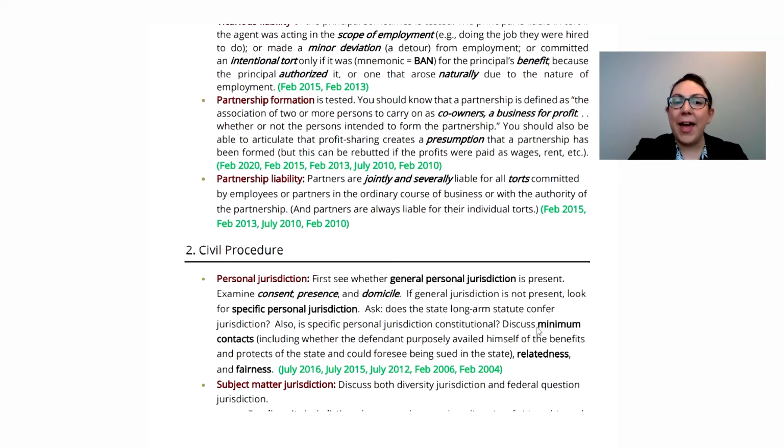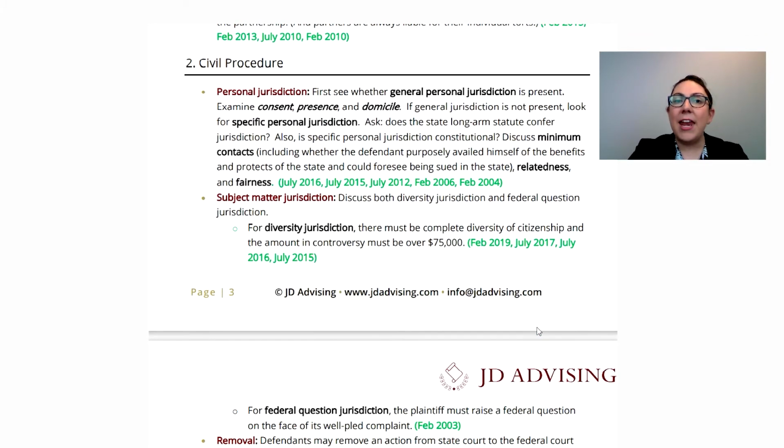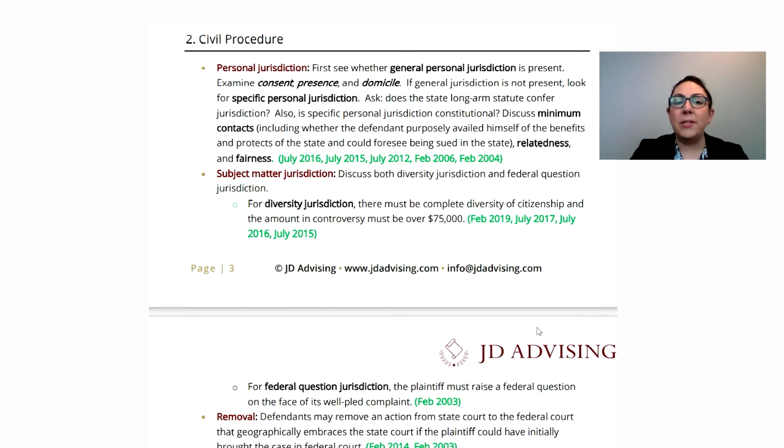The next subject we have is civil procedure. And as I mentioned at the beginning, with civil procedure, almost every time they've tested civil procedure, they've tested the federal rules of civil procedure. They did test California's civil procedure rules one time. When they tested it in that essay, though, even the entire essay wasn't about California's rules of civil procedure.